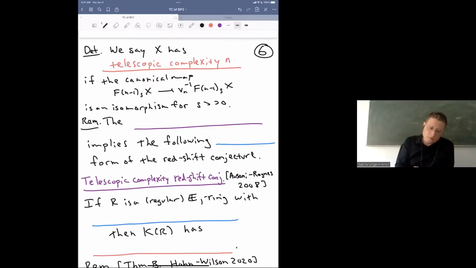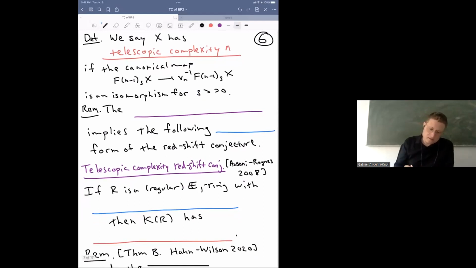So remember, we had some v_n to some power self map of F(n minus 1). You could take the colimit of iterates of that self map, and that's going to form this telescope, the v_n inverted F(n minus 1). And so you can ask whether the map from F(n minus 1) smash X to the telescope induces an isomorphism in homotopy for s sufficiently large.